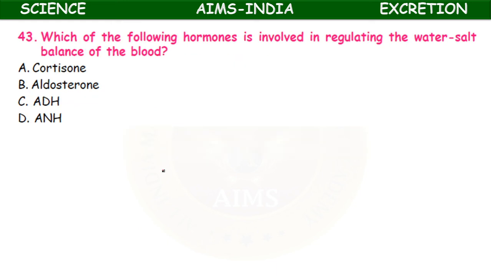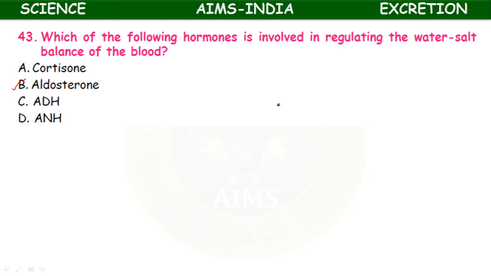To maintain osmotic balance, homeostasis, which of the following hormones is involved in regulating the water salt balance of the blood? Cortisone, aldosterone, ADH, ANH. It is aldosterone, a steroid hormone, regulating the water salt balance.